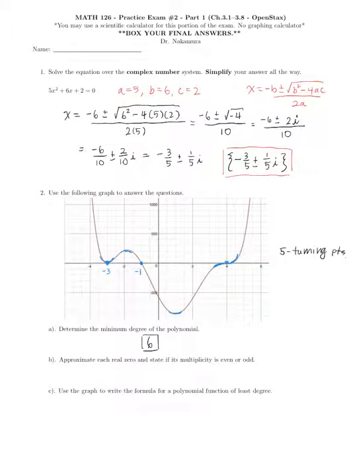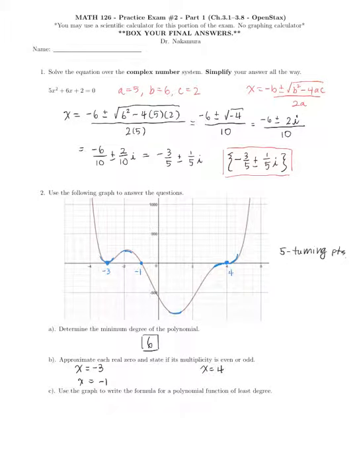And another zero will be right here, which is, oh, it's 4. Let me write that out. So the zeros are x equals negative 3, x equals negative 1, and x equals 4. Those are all the zeros.